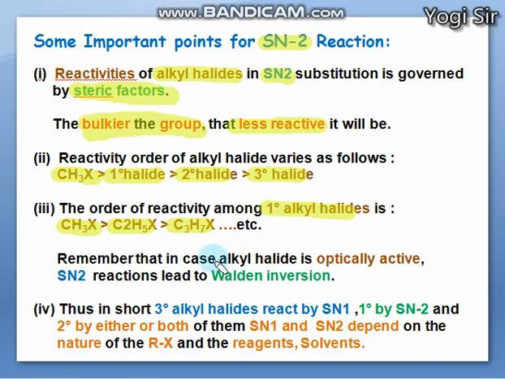Similarly, we have seen that in the case of alkyl halides there is optical activity. The reaction can be SN2 and produces Walden's inversion, that is, inversion of the geometrical configuration, which is taking place in this SN2 reaction.